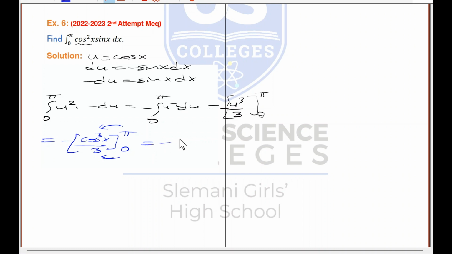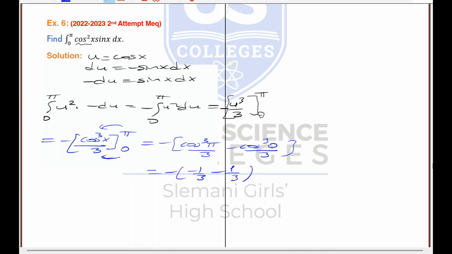So negative cosine pi cubed over 3 minus cosine 0 cubed over 3. The answer is minus. Cosine pi is negative 1. Negative 1 cubed is negative 1. Negative 1 over 3 minus cosine 0 is 1. 1 cubed is 1. Negative 1 over 3.